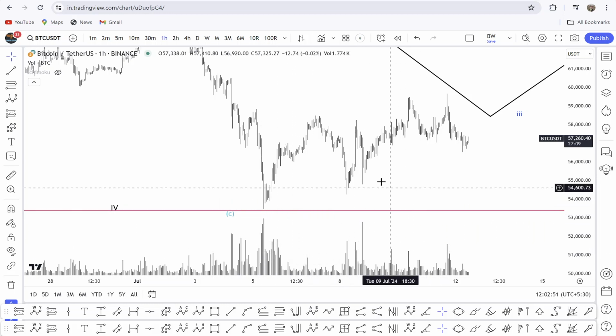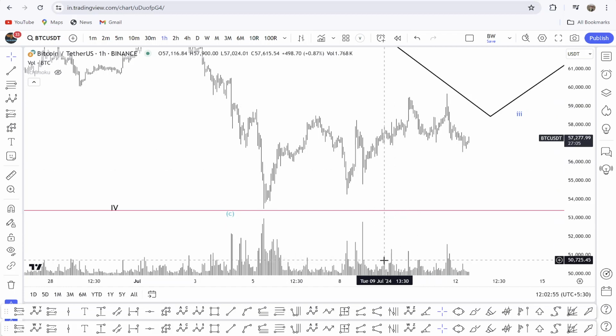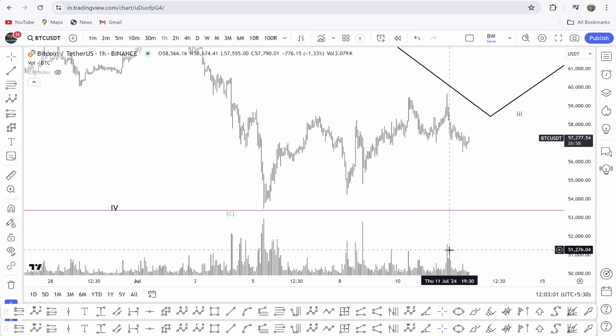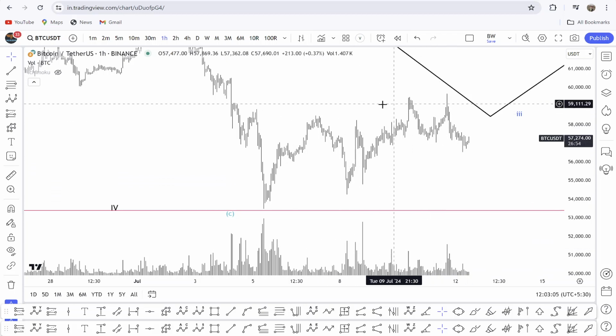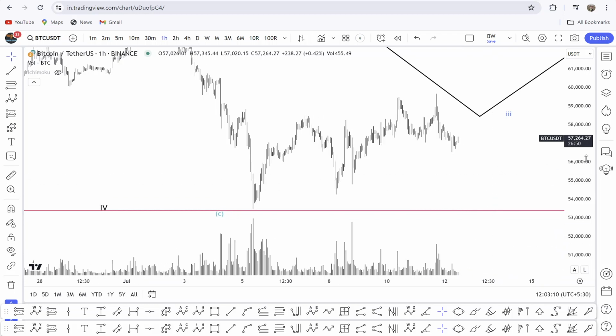Okay. Now, if this is the part of the third wave, then the volume should be increased. You can see here the candles. We have higher volume here. And if it is the part of the second wave, then we may see lower volume.